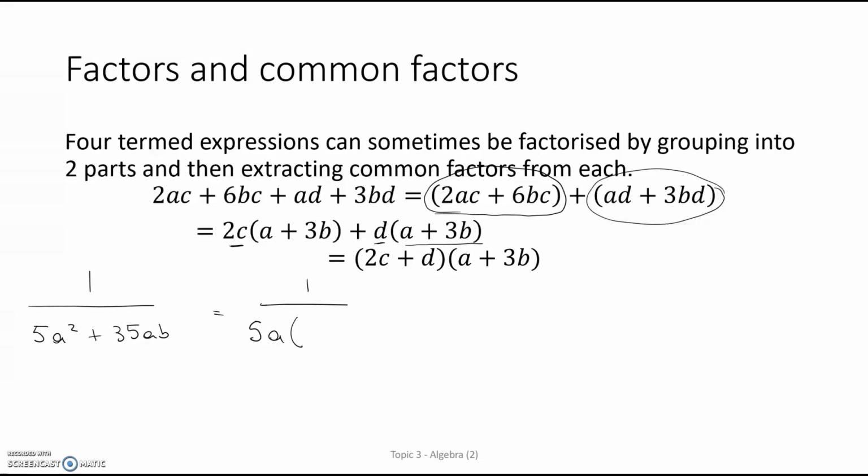So 5 times, that'd be 1. We don't need to put that, and we just need another a. Plus 5 times what gives us 35? That's 7. We've got a, and we need to multiply it by b. So just watch out that we do sometimes need to factorize our denominators as well.